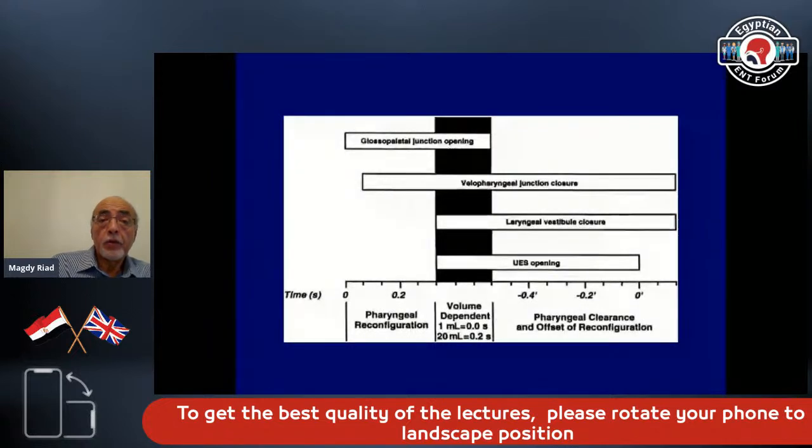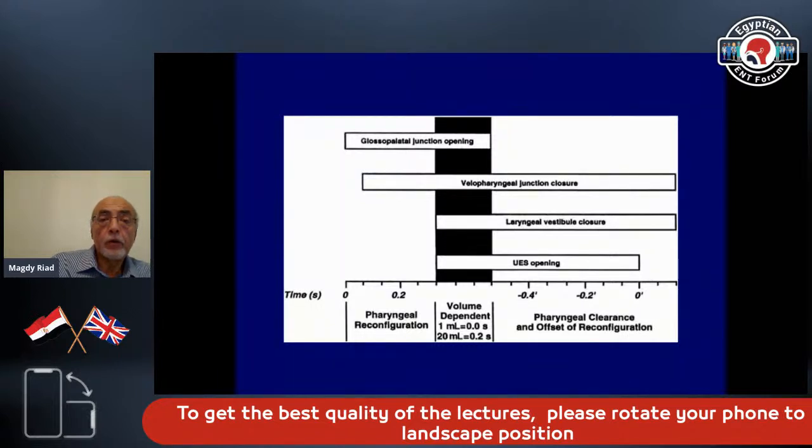The bolus would stay in the pharynx depending on its volume. If it's less than 1 milliliter, it wouldn't take much time. But if it's about 30 milliliters, that is more than a big spoonful, it would take up to 0.2 seconds. The velopharyngeal junction closure would continue all through the process.